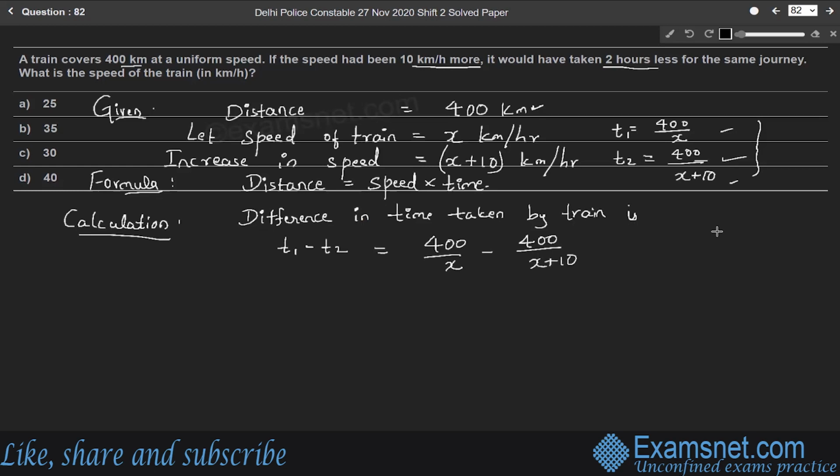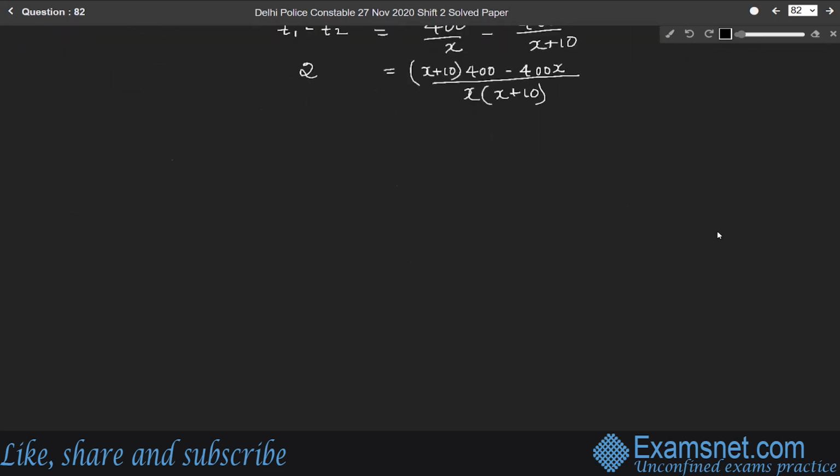According to the question, it would have taken 2 hours less for the same journey. Therefore, T1 minus T2 is 2 hours, equal to, taking x into x plus 10 as LCM, (x plus 10) into 400 minus 400x.